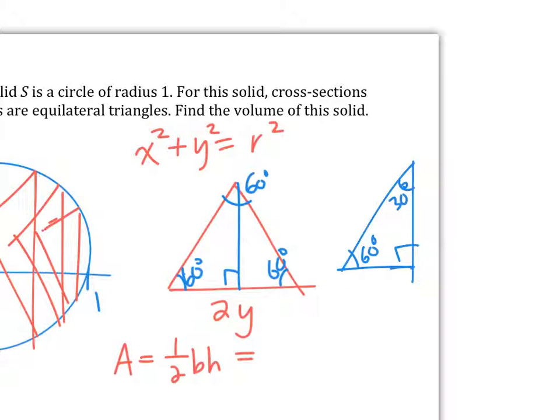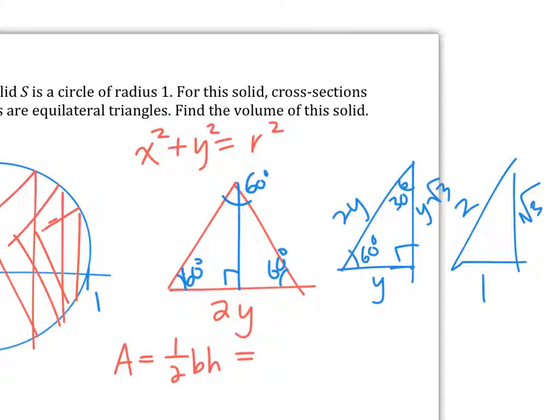So then this part, which is y, is 1. Just think this is 1. It's a 1, 2, square root 3 triangle. So in general, this kind of triangle goes 1, 2, square root 3. So then if that part is y, this part is 2y, and then this part is y square root 3.